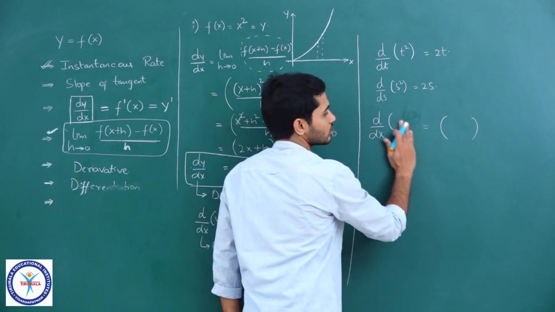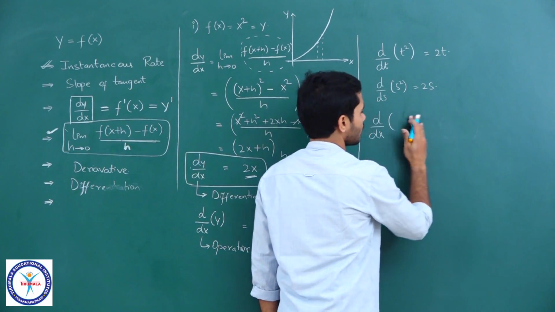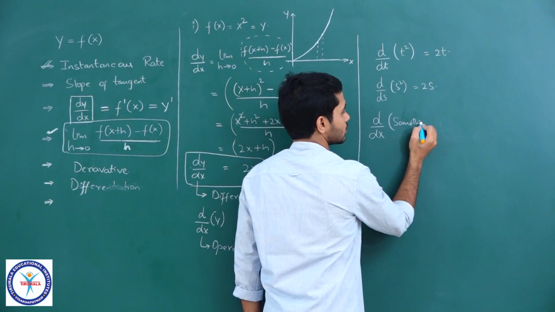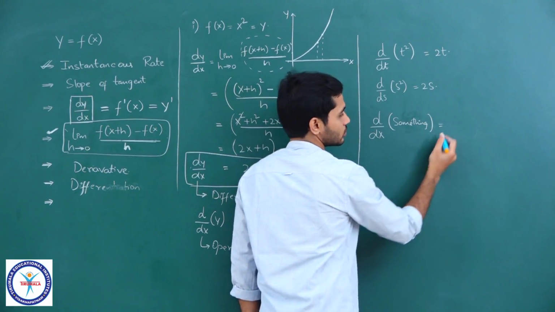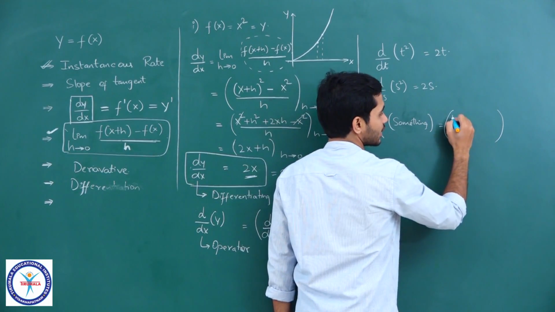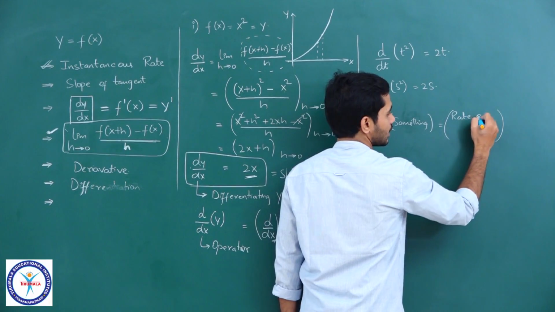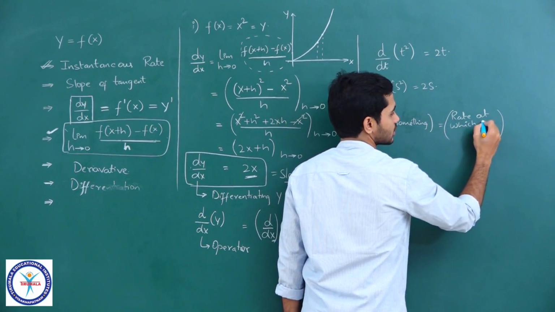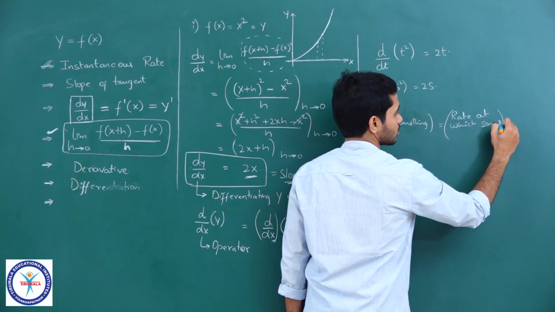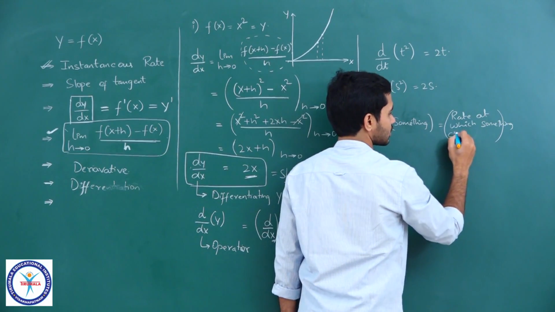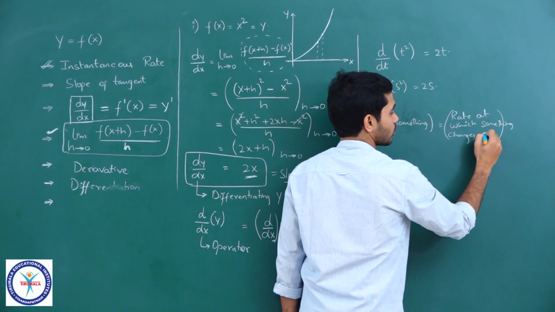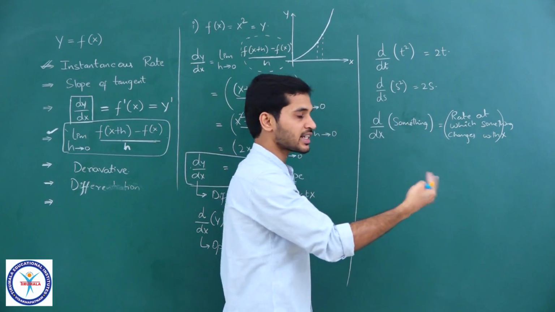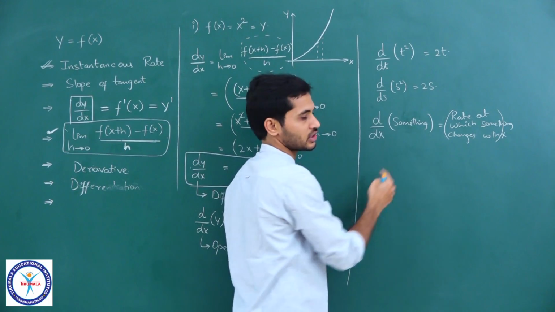So, let me write it so that you will understand. d by dx of something gives you the rate at which something changes with change in x. So, as you change x, how does this something change? Clear?